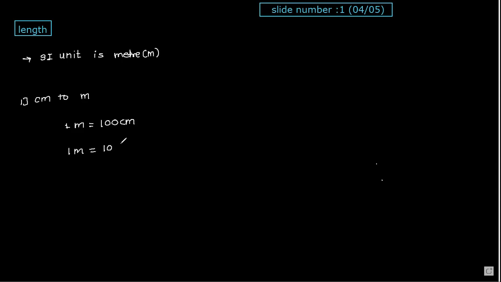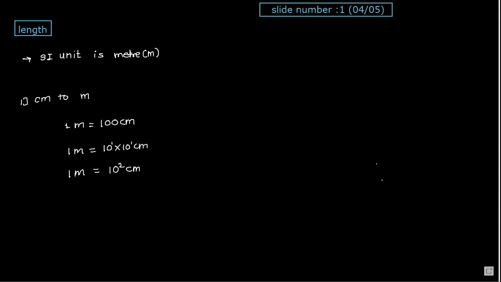So can I write it like this? 10 into 10. This is 10 power 1, 10 power 1. So 1 meter is equal to how much? 10 square. 10 power 2 centimeter.